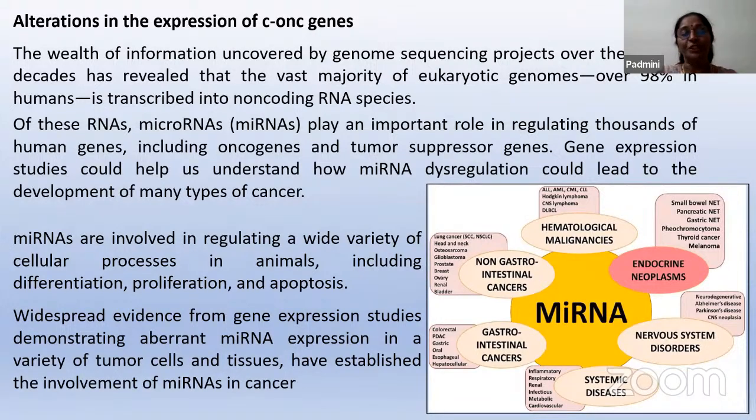Gene expression studies could help us understand how microRNA dysregulation can lead to the development of many types of cancers. These are involved in regulating a wide variety of cell processes, including differentiation, proliferation, and apoptosis.